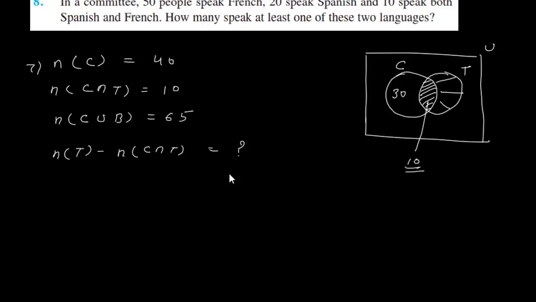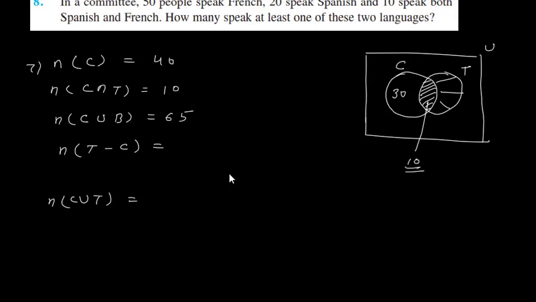As we know, n of C union T, here I could have written this part as n of tennis minus T minus C also.